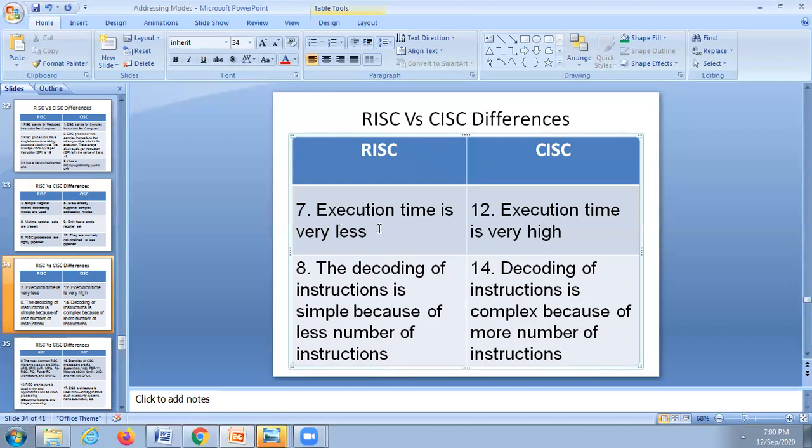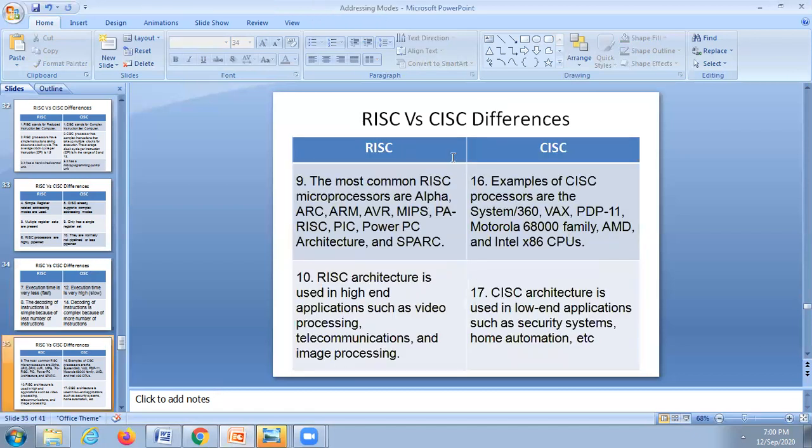Very fast means execution time is less. The execution will be fast because of this reason only. Here, execution time is very high, which means slow.